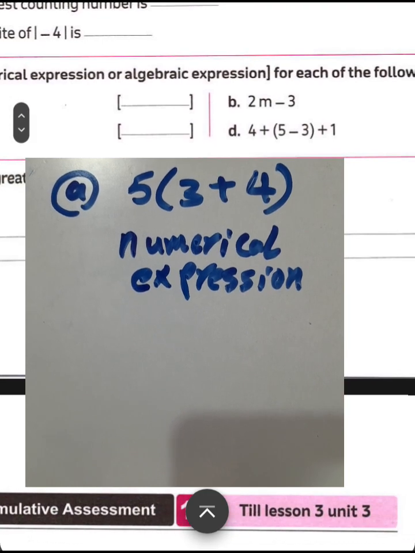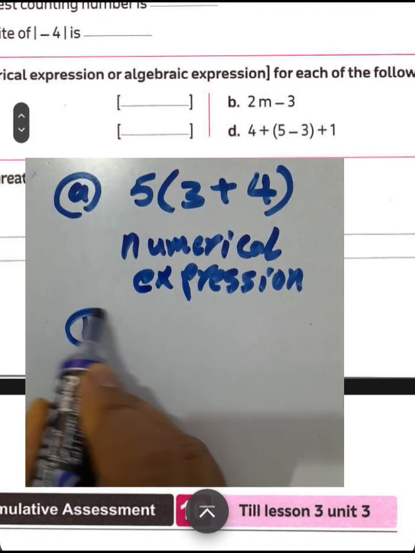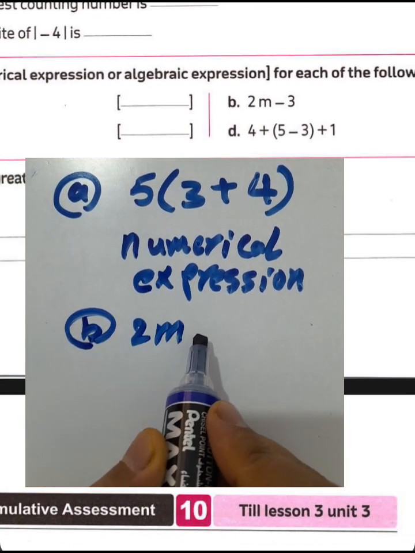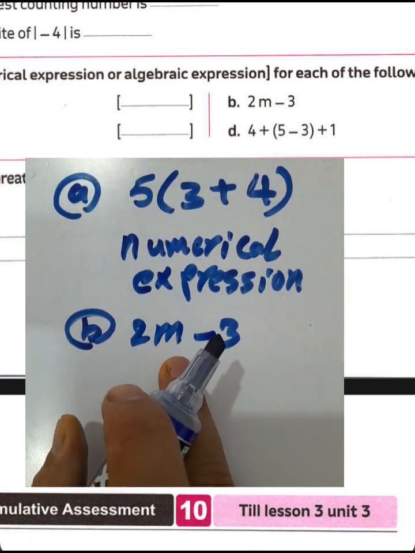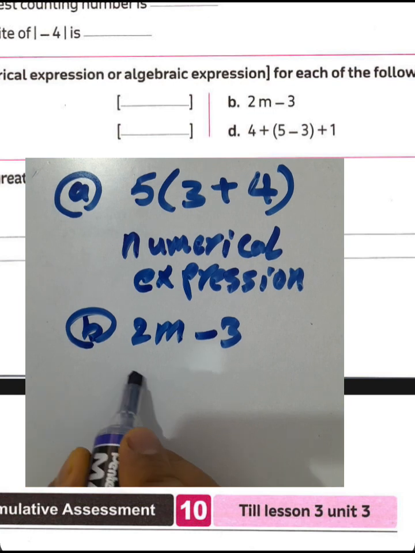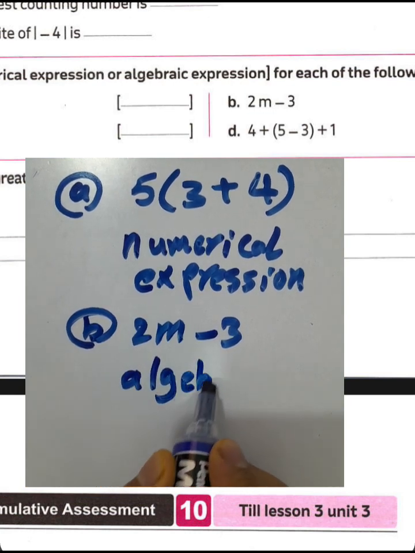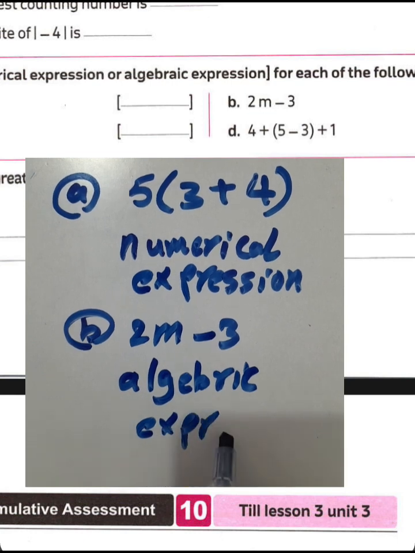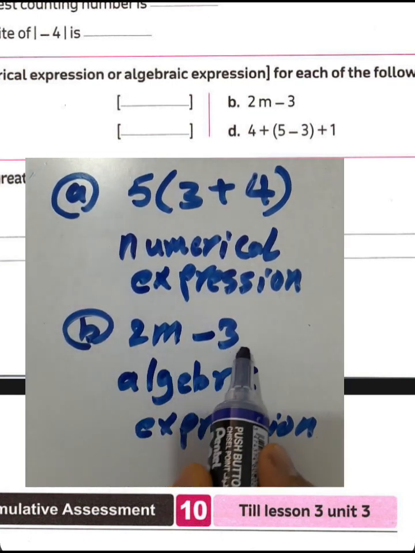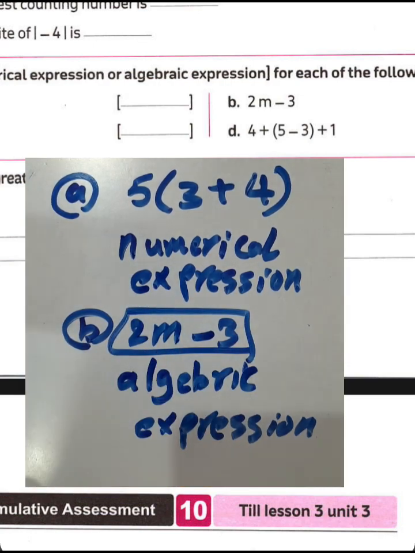Letter B here, 2m minus 3. It's an algebraic expression. Understood? Because we have an unknown number here.